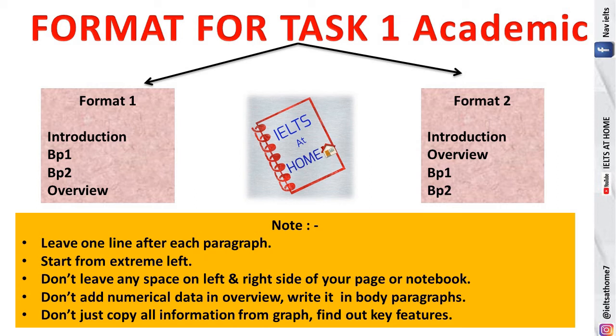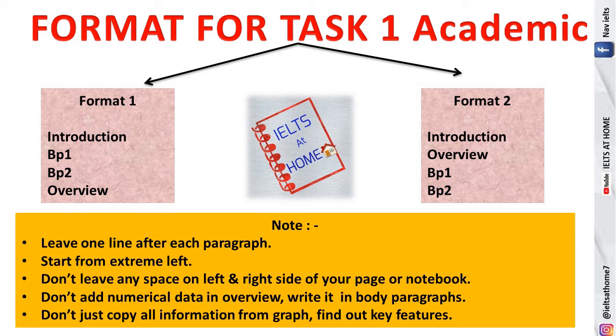There are some important things you must note down. Always leave one line after each paragraph and start from the extreme left of your notebook or page. Don't leave any space on the left side or the right side of your page, and don't add any numerical data in the overview. Write that numerical data in the body paragraph.